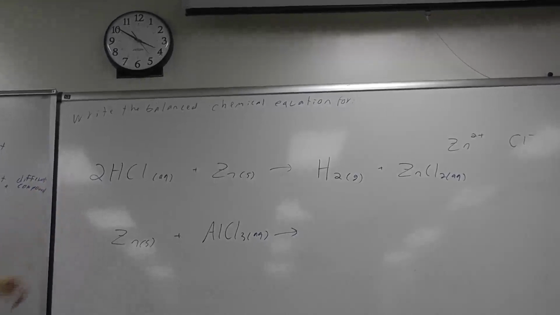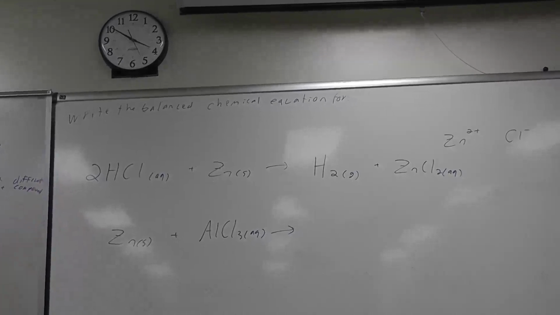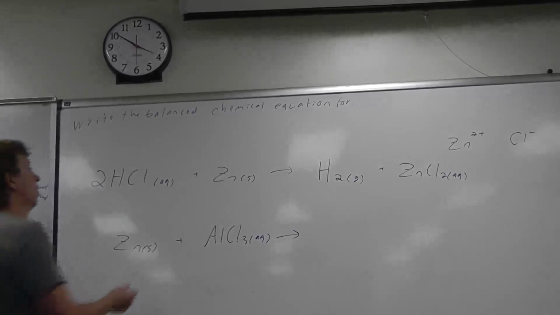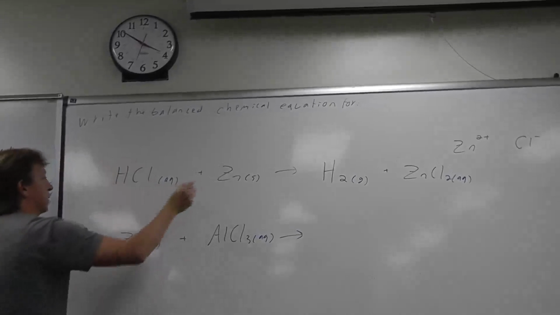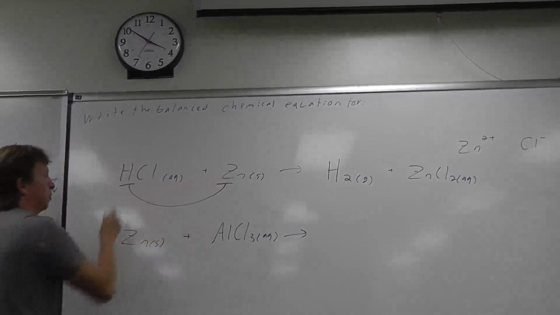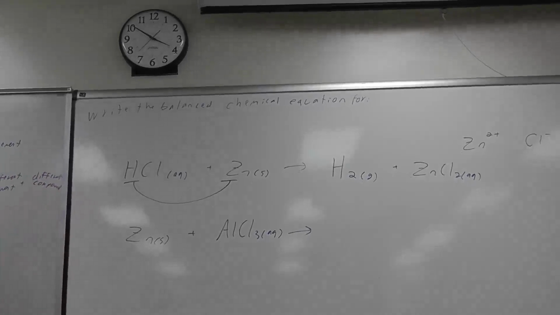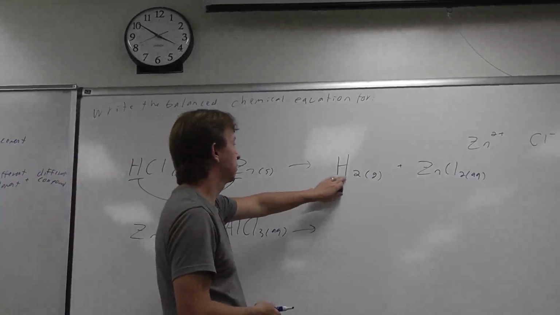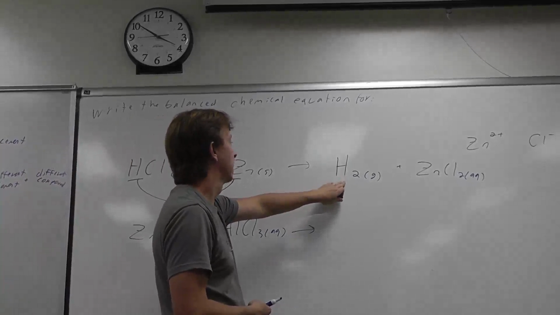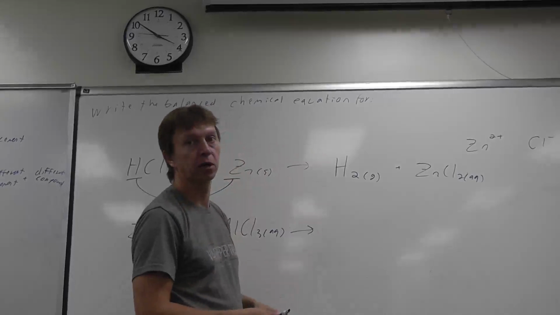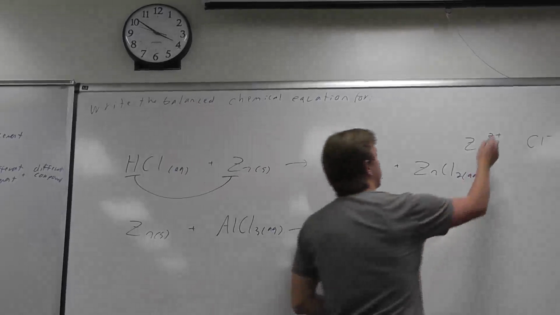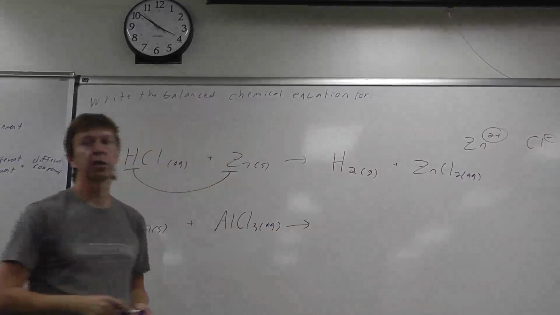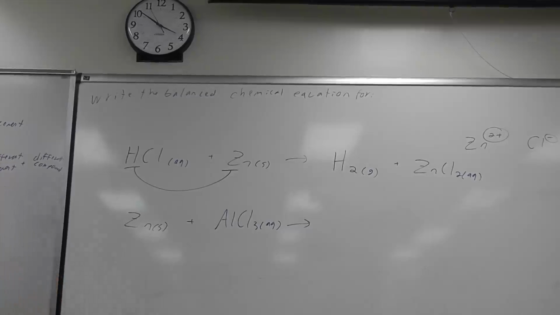Can you talk about how you broke it down in the product part? What we're looking at is zinc and hydrogen switching places. So hydrogen has to come out as the element, and it is one of your 7 diatomic elements. But that means that zinc gets a hold of the chloride. And the charges being what they are, it can't just be ZnCl, because that wouldn't be neutral.